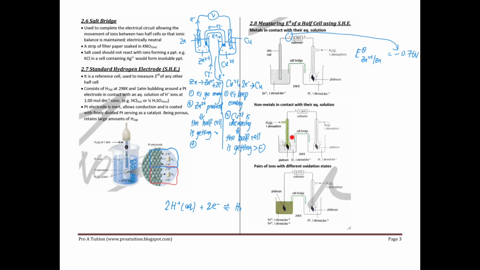Like what I said, the reading here is because of chlorine, not because of SHE. SHE has no value, it's 0.00 volt. So this value is totally from chlorine. So the E theta for reduction, we write chlorine to chloride, is 1.36 volt.